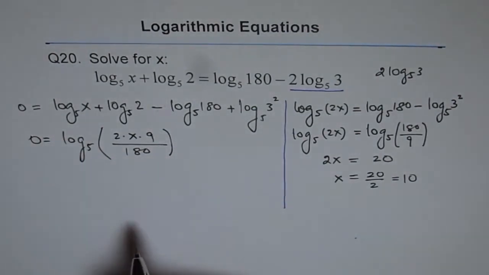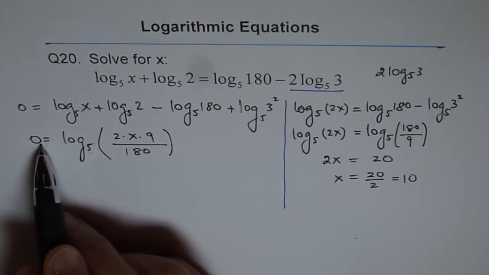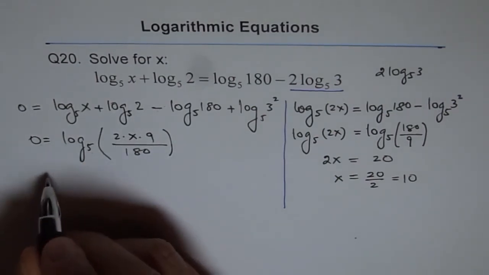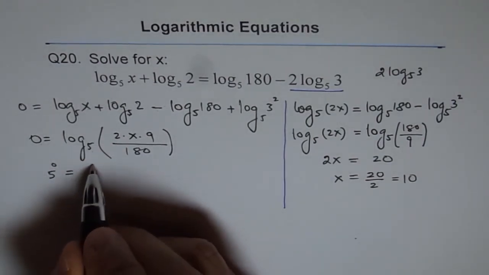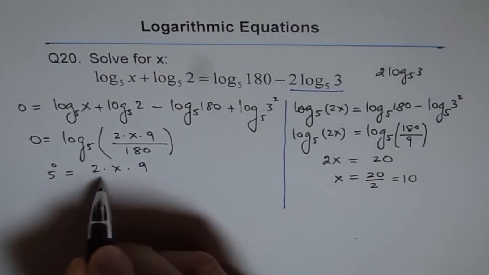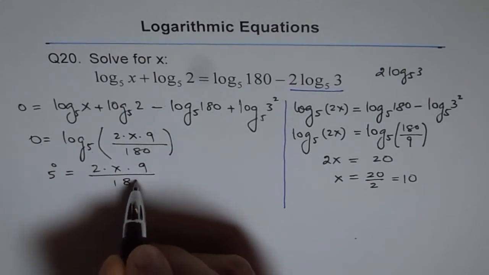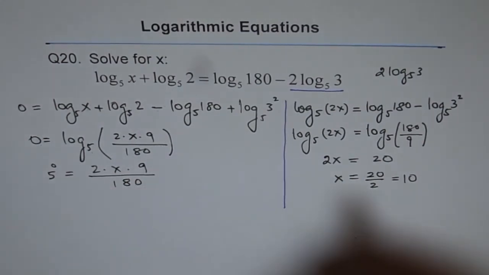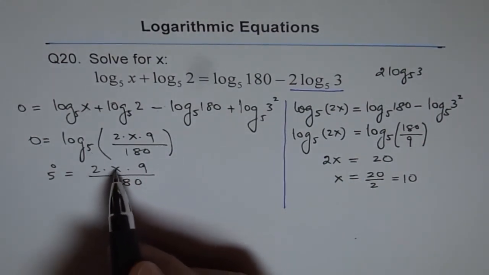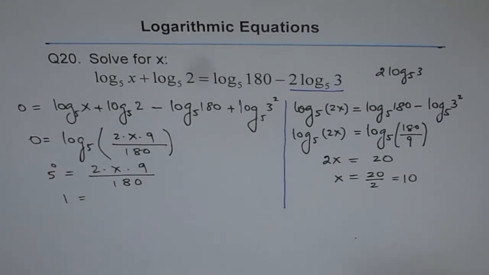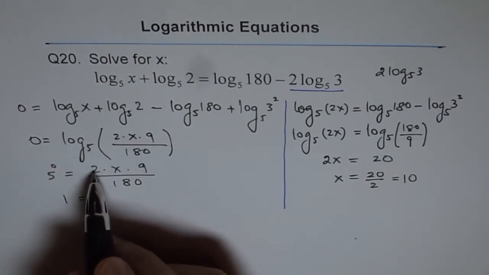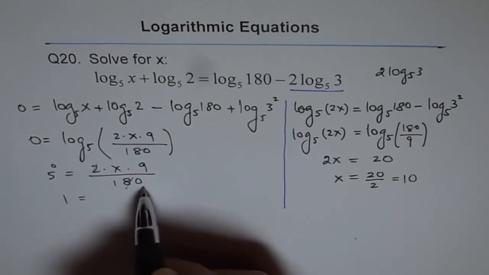Perfect. Now that means 5 to the power of 0 is equal to this, right? So we have 5 to the power of 0 is equal to 2 times x times 9 over 180, right? So we can simplify this and we get x over 10, right? So 1 equals, anything to the power of 0 is 1, right? So 18 goes into 180 10 times.